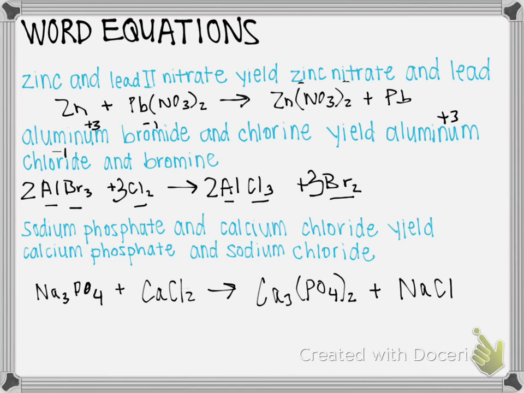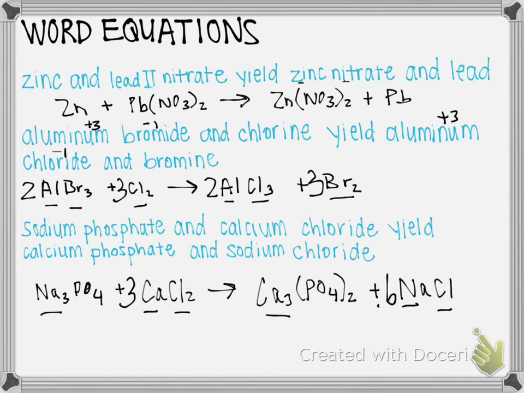If we look, that's not balanced, so Na, you've got 3 and 1, so put a 3 here. Ca, you've got 1 and 3, so put a 3 here. Cl, you have 2 and 3, so now we know we're going to have to make that to 6. So we need a 6.